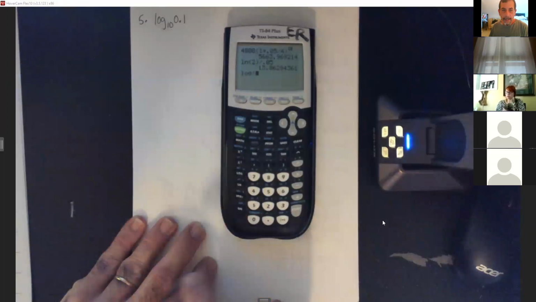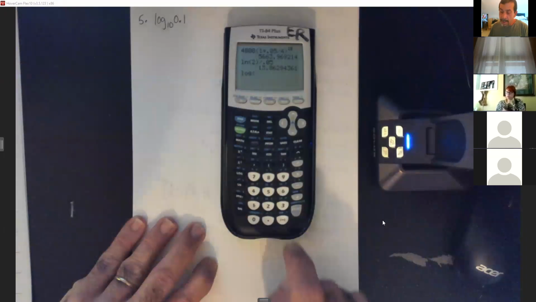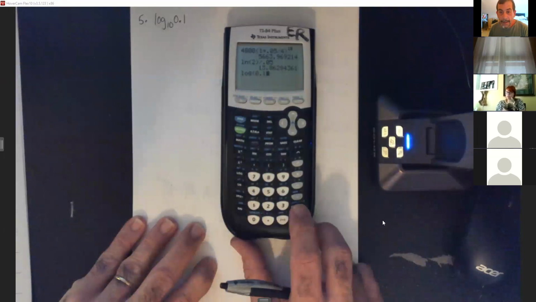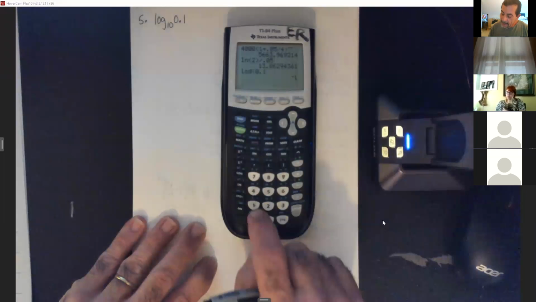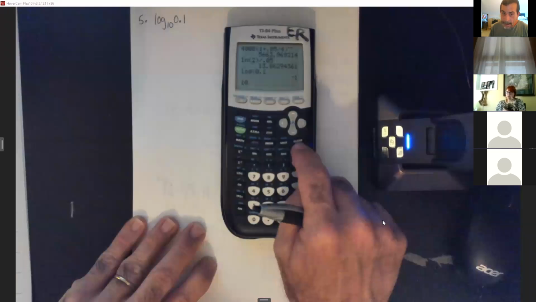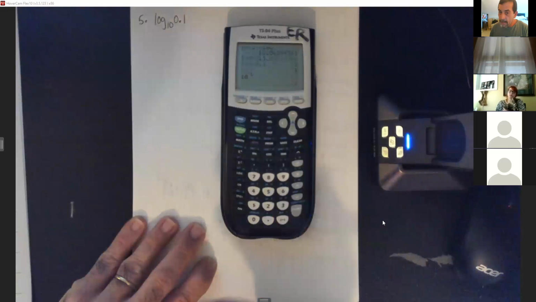Hit log, put in 0.1, and enter, and I get -1. So y'all check that. 10 to the -1 exponent equals 0.1. Okay? So that's going to be -1.